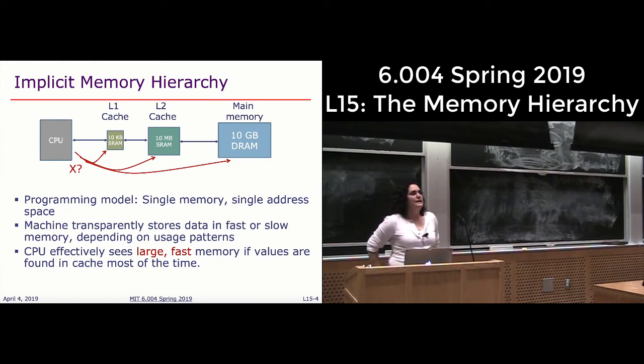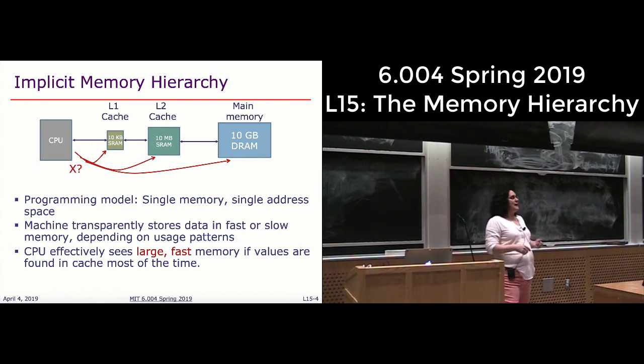So instead, what we're going to focus on today, which is what is actually used, is this implicit memory hierarchy. The way this works is, once again, we use the same set of growing memory sizes, except that now, as far as the CPU is concerned, it thinks that there's just a single memory.